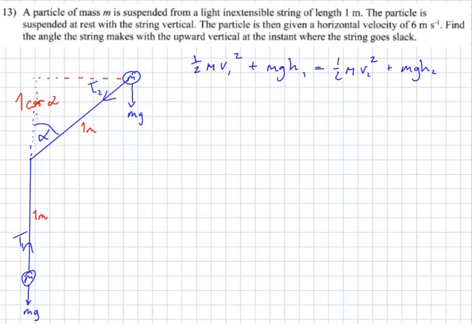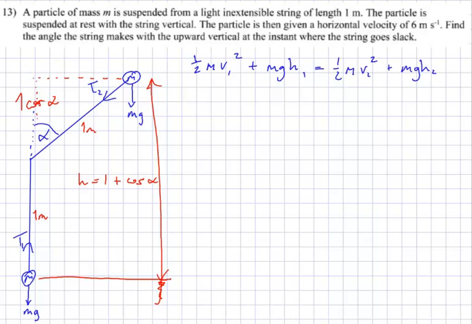So the total height of the object above, we're not including that bit there, we're looking at the height that has traveled upwards. What is that going to be? Well, it's going to be 1 plus the cos of alpha, in total.